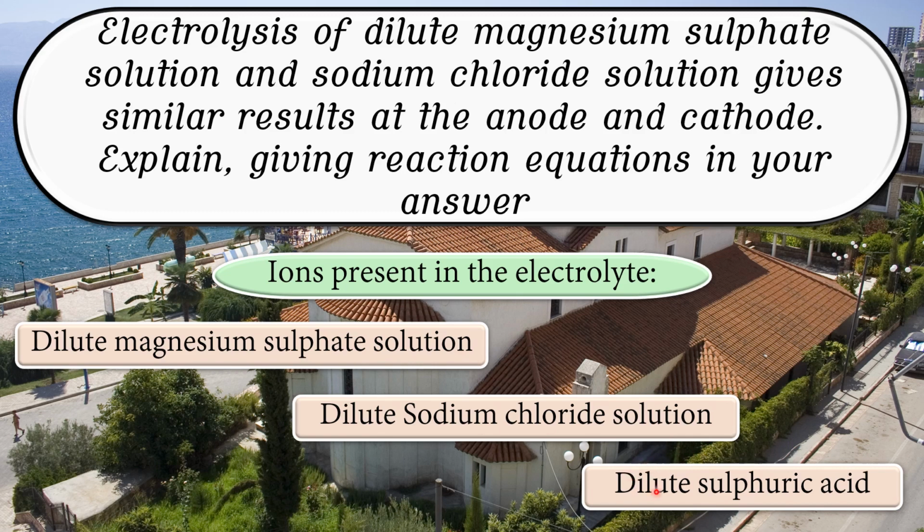And then we have dilute sulfuric acid. So those are our three electrolytes that we are interested in. And we want to find out which ions they give us in the solution. Because here we are seeing that all of them give similar results at the anode and the cathode.